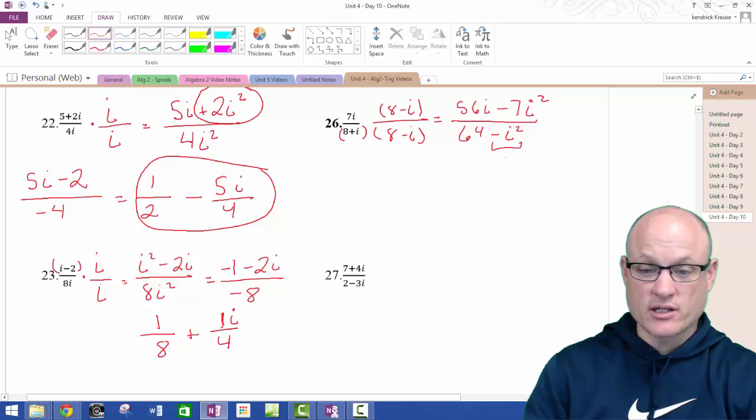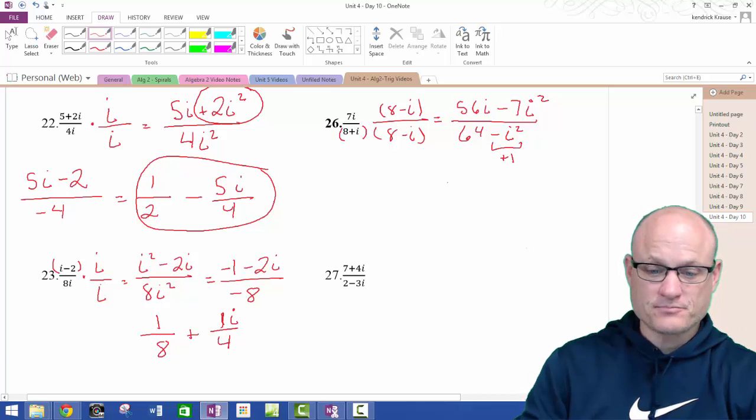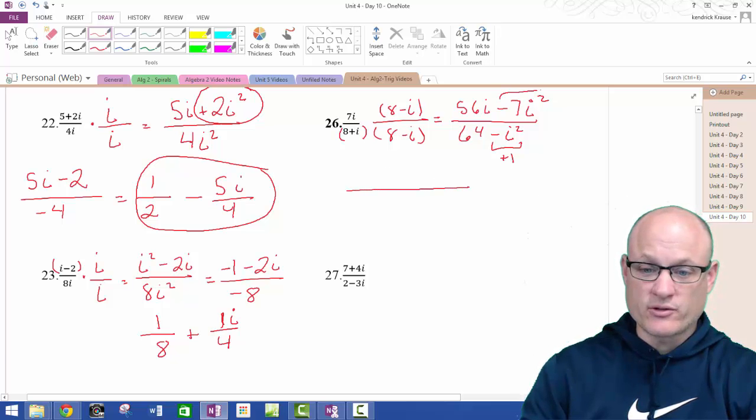Well, minus i squared, again, is just plus 1. So my numerator, if I do this correctly, let's see, this is really just a positive 7. So we're going to go 7 plus 56i over 65. Just leave it like that. That's fine.